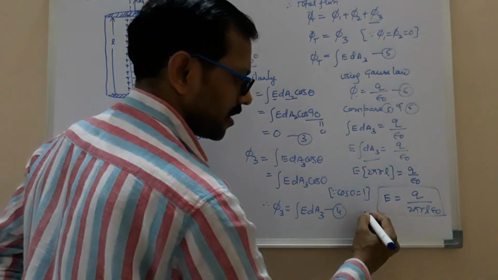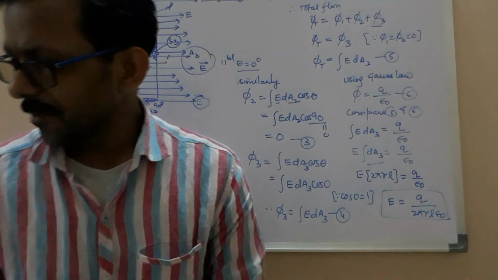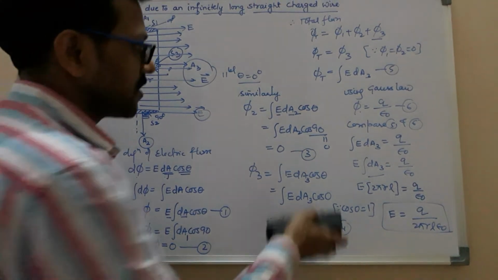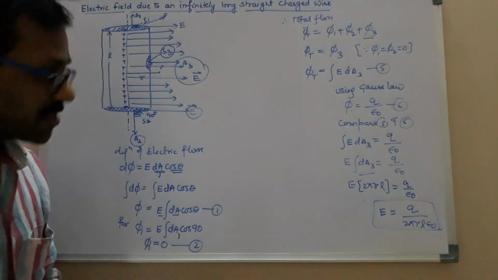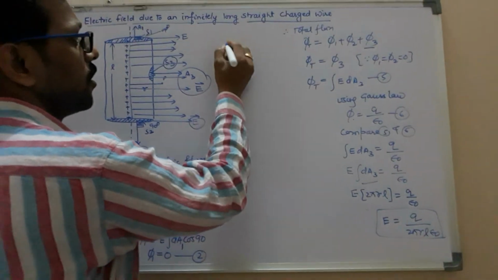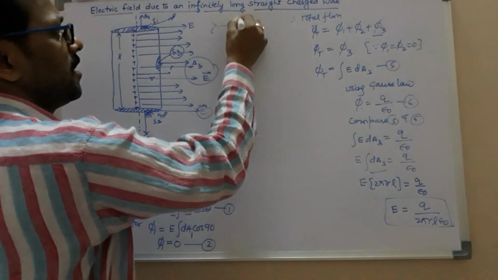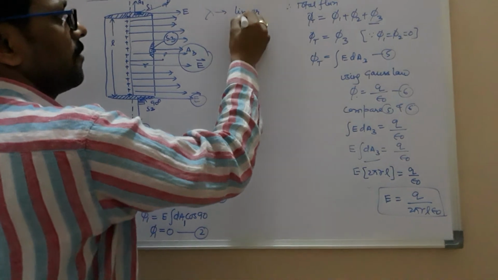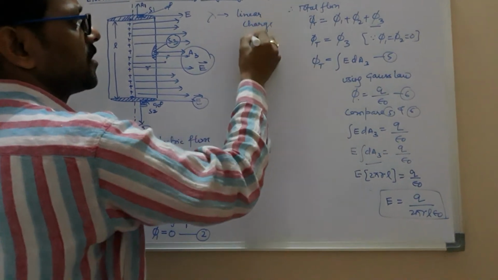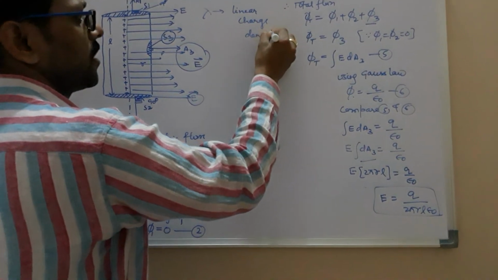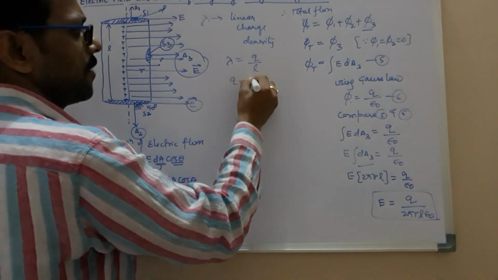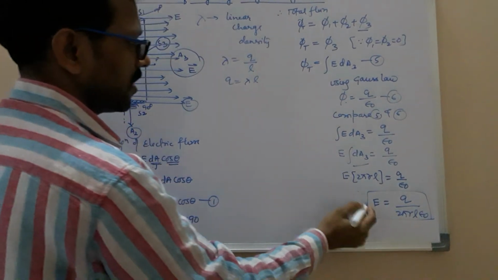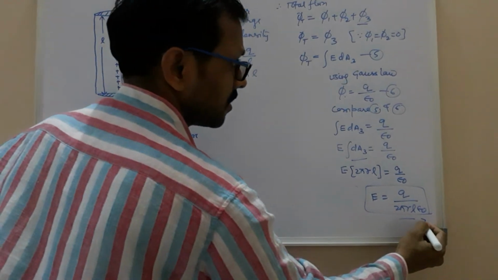But if we use the charge density, the linear charge density, let lambda be the linear charge density. Then according to the definition, lambda equals Q upon L, so Q equals lambda L. Put this value in expression number 7.